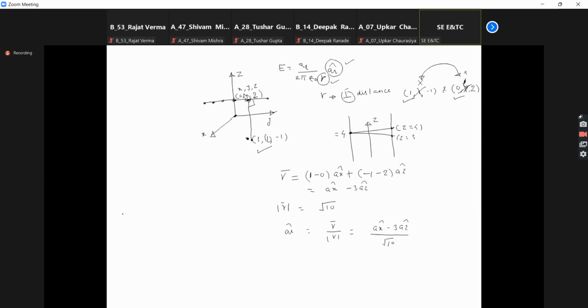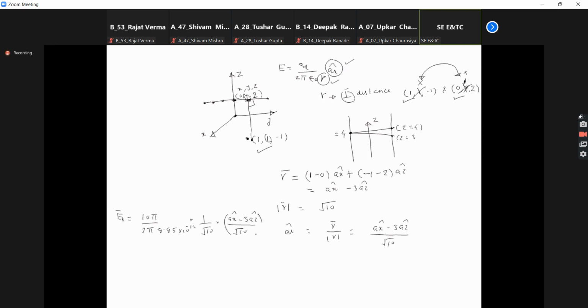From that you find out the unit vector, and now if everything is ready, you can use the formula to find out the electric field intensity. So the electric field intensity because of a line charge is going to be rho L, it is 10 pi as far as I remember, divided by 2 pi epsilon, which is 8.85 into 10 raised to minus 12, into 1 by r, so it is root 10, and the vector is ax cap minus 3 times az cap divided by root of 10.